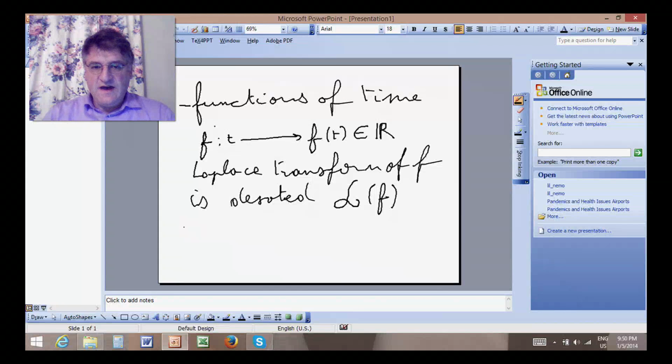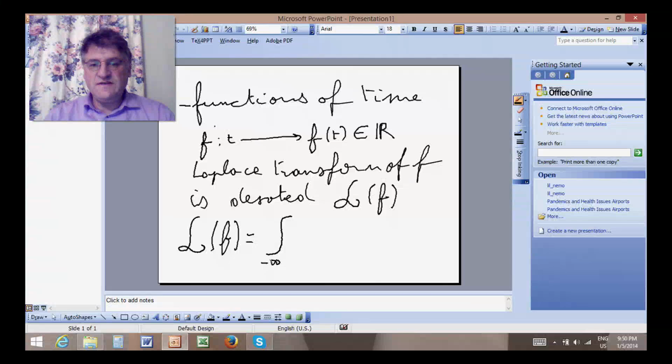And we have that L of f is equal to the integral from minus infinity to infinity of e to the minus st f of t dt.